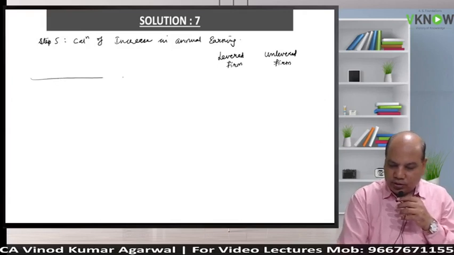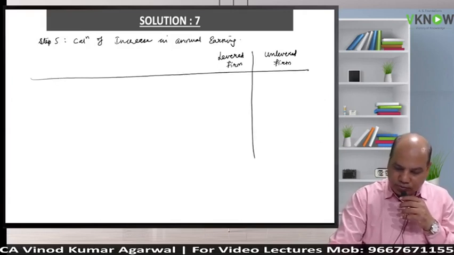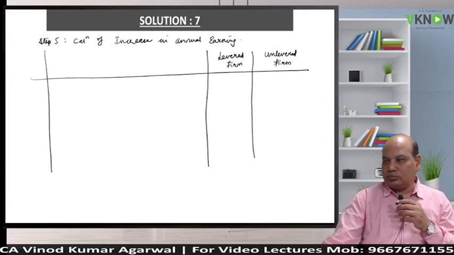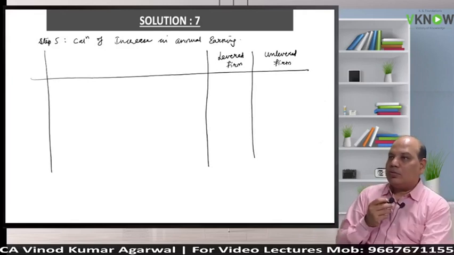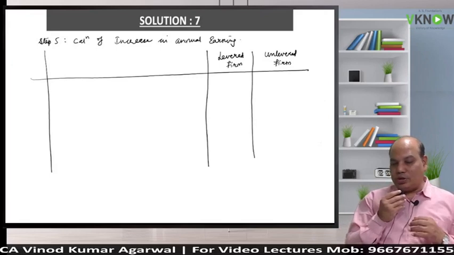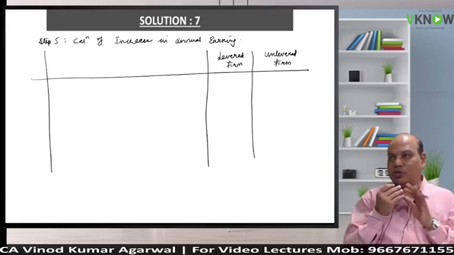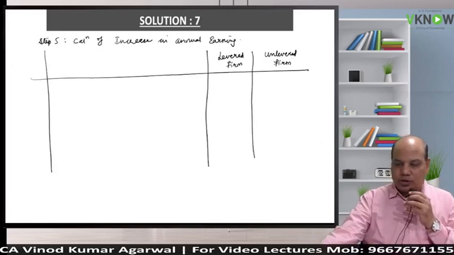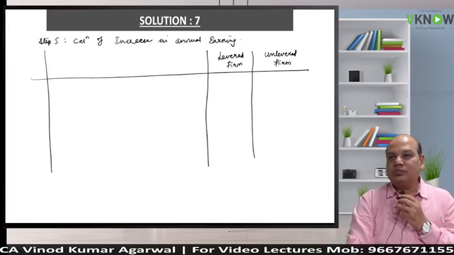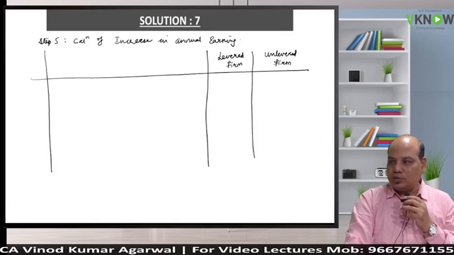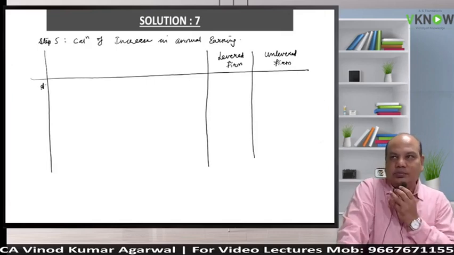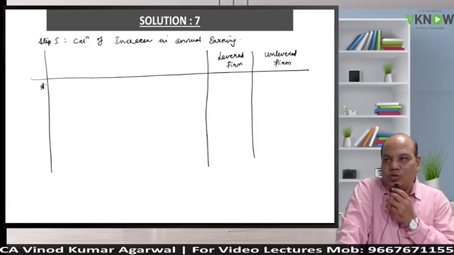You must have done this question before. How much additional earning will he have by switching from the levered firm to the unlevered firm? First chance to whom? To the student. Why? Because he is intelligent and we are revising. So you should also get a chance.